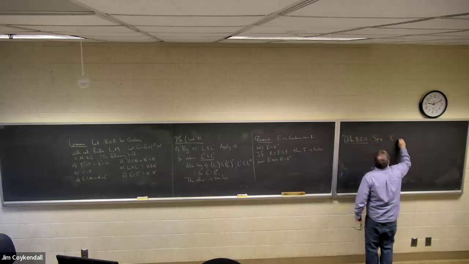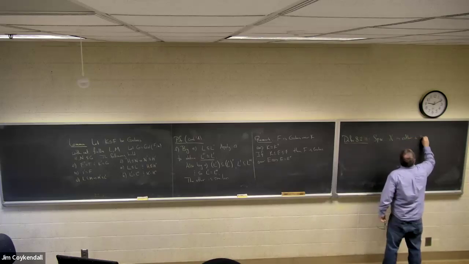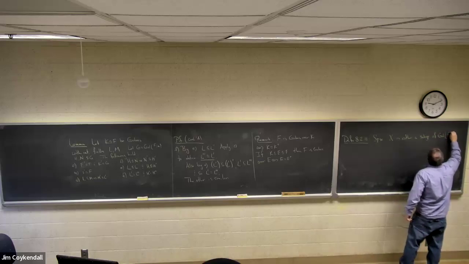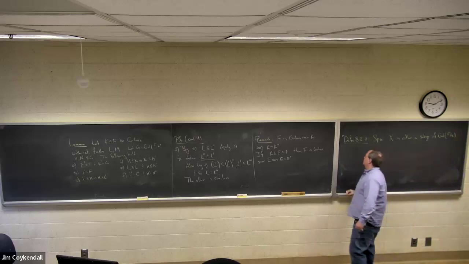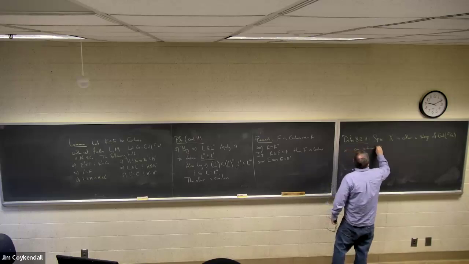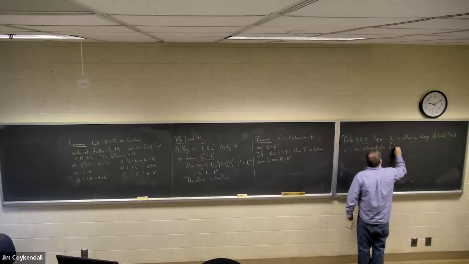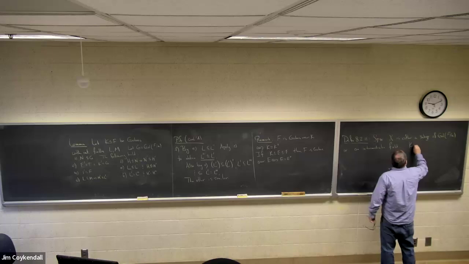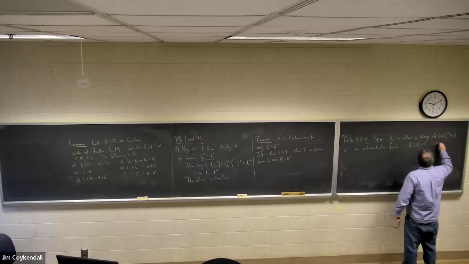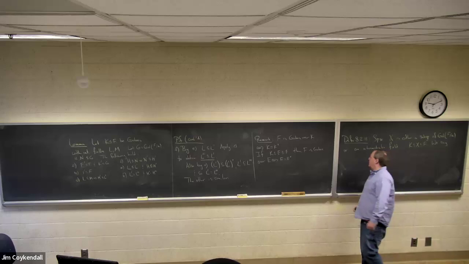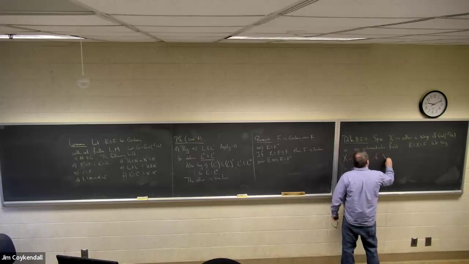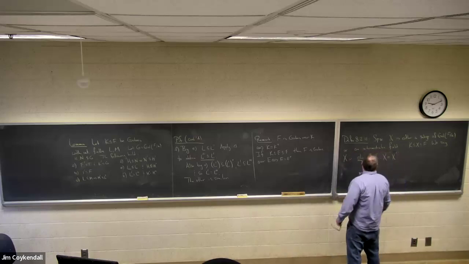Suppose X is either a subgroup of the Galois group, capital G, or an intermediate field, say K contained in X contained in F. You say X is closed if X is equal to its double prime.